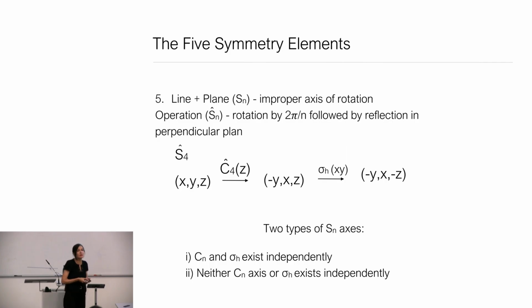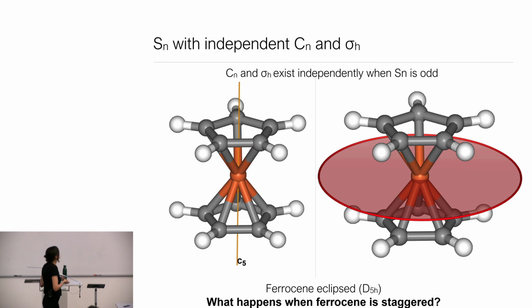And there are 2 types of improper axes of rotation. One is when Cn and sigma h exist independently, and the other is when neither the Cn nor sigma h axis exists independently in the context of the nuclear framework. Okay? And so here are the 2 extreme examples of that. And it basically is a general rule that whenever the Sn is odd, then the Cn and sigma h exist independently.